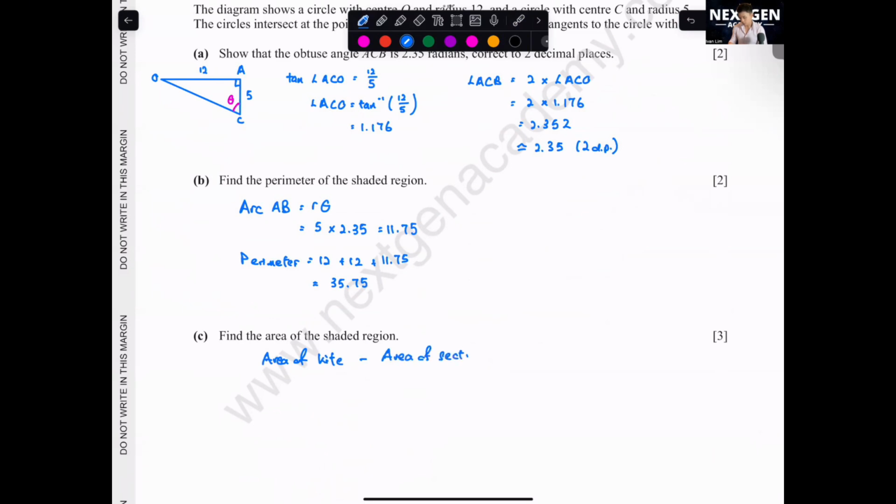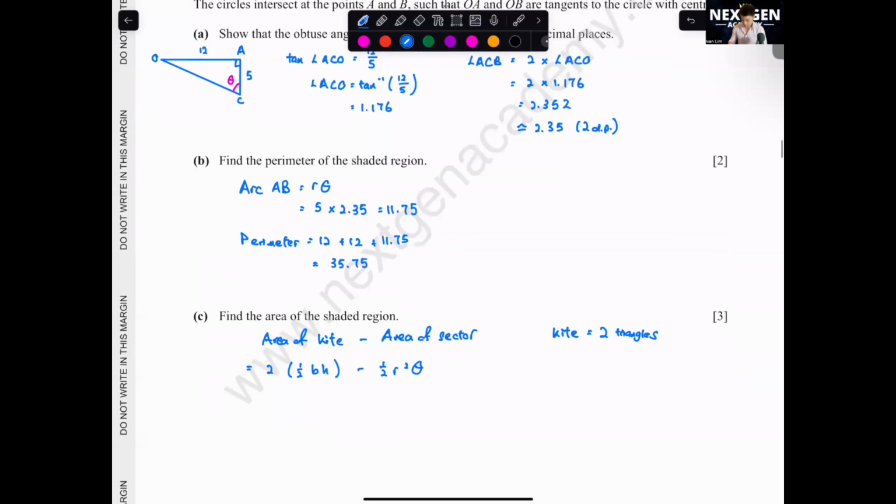The kite is equal to two right angle triangles, so I will use 2 times half times base times height minus half r squared theta. So here it will become just base times height. The base is 5, the height is 12.